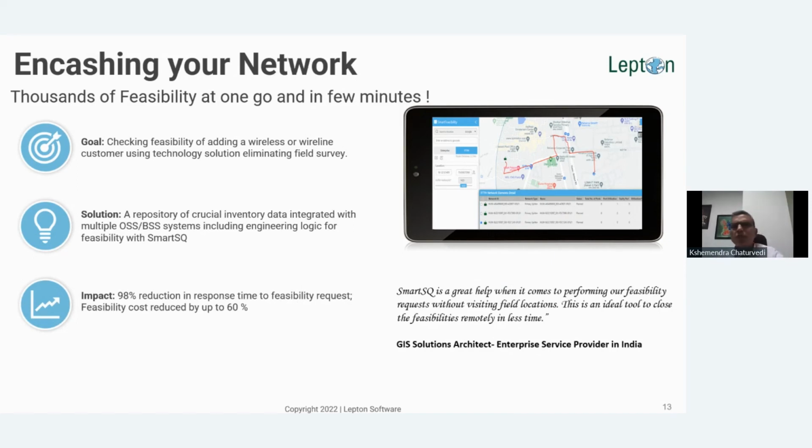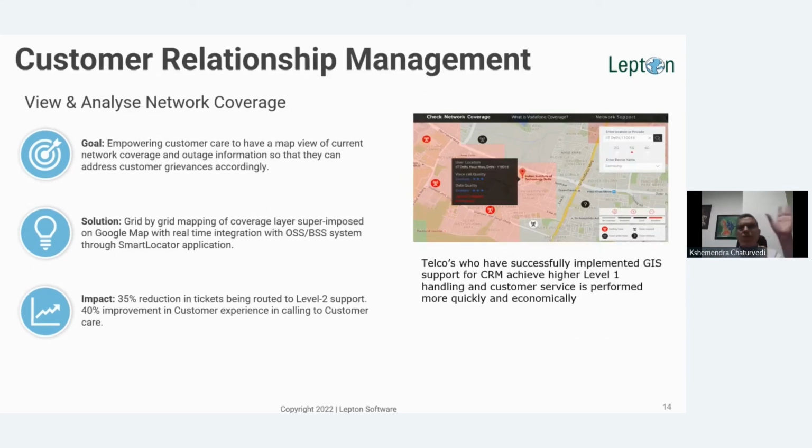So next one is, of course, the customer relationship management, right? We talked so far about the network side, and now we speak a little bit about the customer side. So when you have customer care portals, or your own B2C portals, you want to empower the customer, on the map, to see the network coverage.